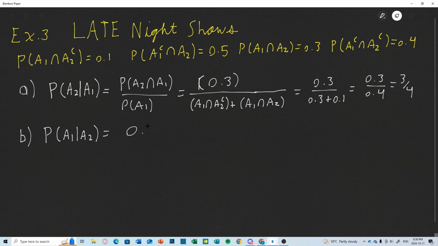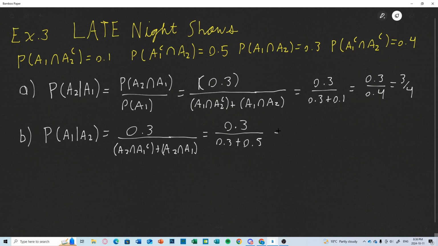We can already put 0.3 at the top, except this time our denominator is A2 and A1 complement plus A2 and A1, which is 0.3 divided by 0.3 plus 0.5, which gives us 0.3 divided by 0.8, which gives us 3 over 8.